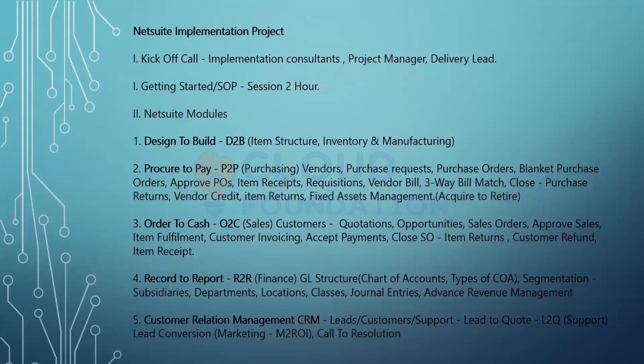By the way, items are also part of the master data because they are used over and over again during the transactions. So anything related to item structure, inventory, and the manufacturing part is called design to build. If you go by the literal meaning, we are designing and building something to actually sell it. That is what design to build is all about.